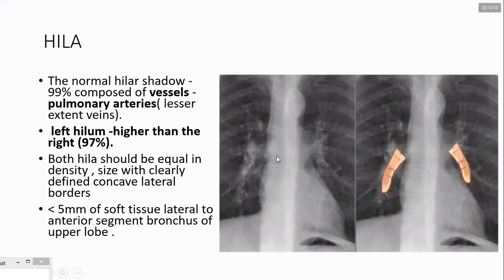Now, hila. The hilar shadow on each side is mainly formed by pulmonary vessels. Of the pulmonary vessels, the pulmonary artery contributes more than 90% of the shadow. The left pulmonary artery arises superiorly in comparison to the right pulmonary artery. So the left hilum is superior in comparison to the right hilum.